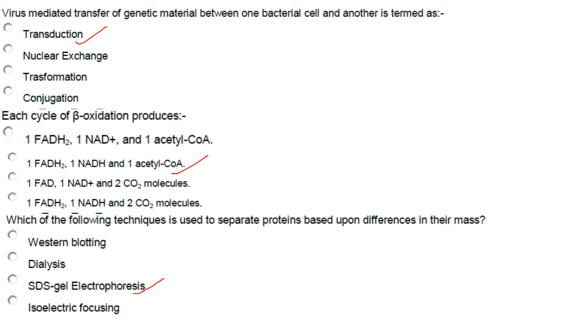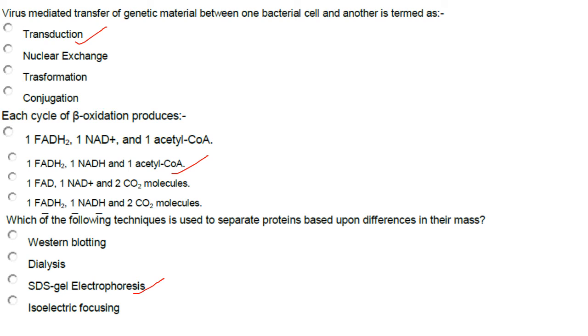Virus mediated transfer of genetic material from one bacterial cell to another is termed transduction. Now each cycle of beta oxidation produces one FADH2, one NADH and one acetyl CoA. So answer is option B.